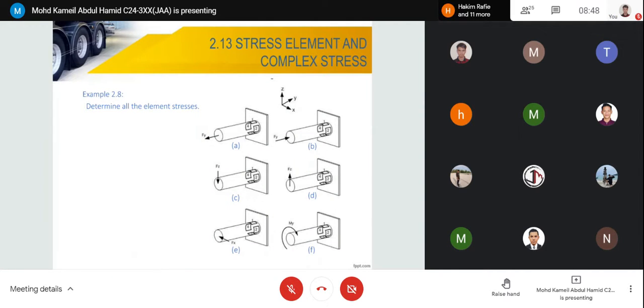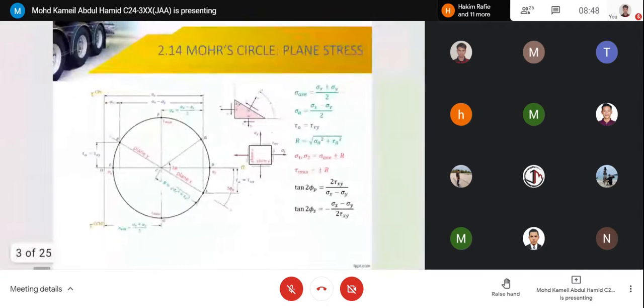Okay, so these are the stresses, involve element stresses. Kemudian Mohr's circle, nanti going to look lagi Mohr's circle ni. Please recall balik Mohr's circle punya stress transformation. Okay, so remember the sign convention.